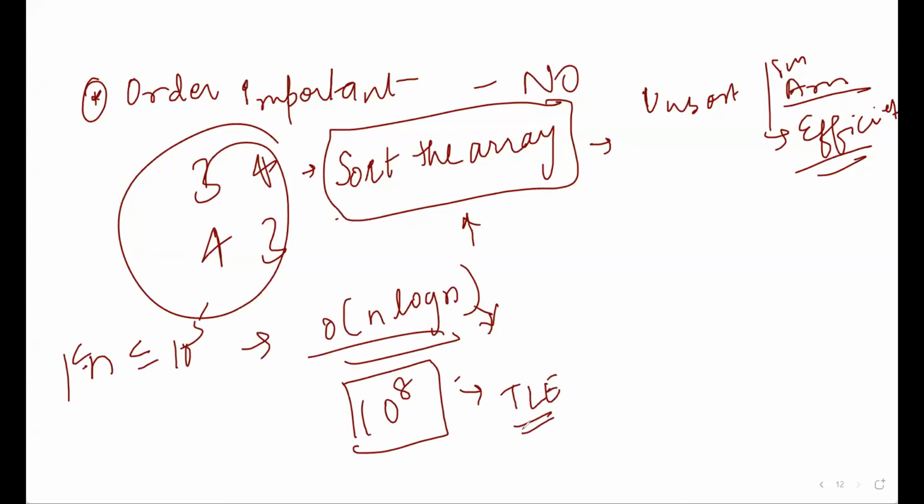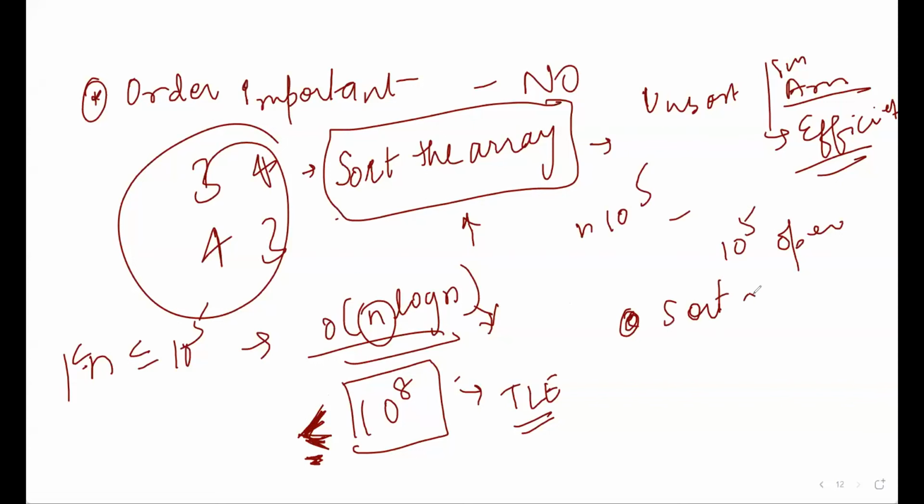There is very, very high chance that my program is not efficient. If my program is less than or equal to this, sometimes even equal solutions can pass, but try to have fewer than this number of operations. Now, if you have 10 to the power 5 elements and you go through every one of them, then you are doing 10 to the power 5 operations. What is the time complexity of sorting an array?